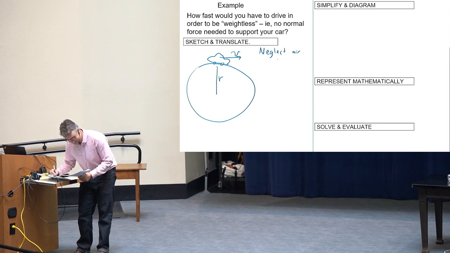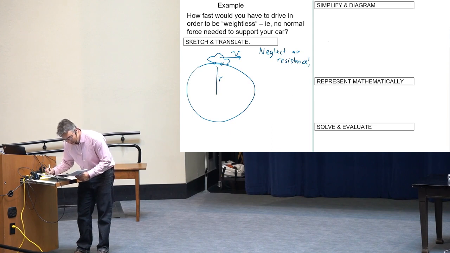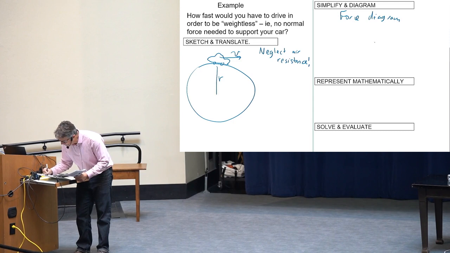That's kind of important. And then I get a force diagram that looks like this. mg, and a sub r is downwards. So I guess the plus r direction is down.